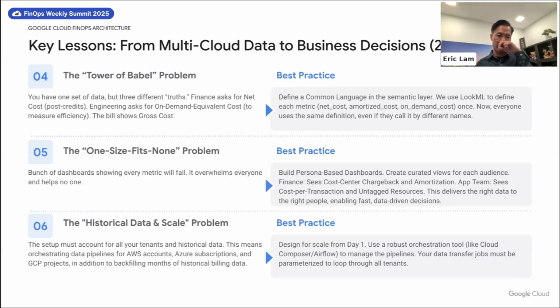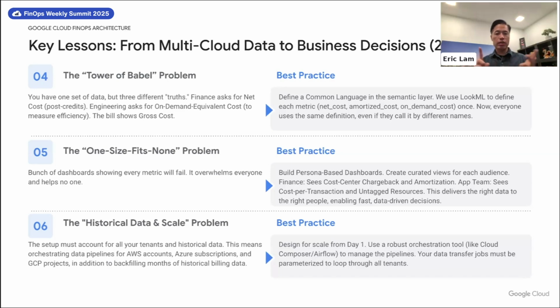The next one is the one-size-fits-none problem. I mentioned that earlier as well. Creating one dashboard for everybody is not going to help anybody. You want to build persona-based dashboards that are relevant to the right stakeholder. So when you think about building your own multi-cloud solution, the very first step is figuring out who the personas are and what the use cases are for those personas that you care about.